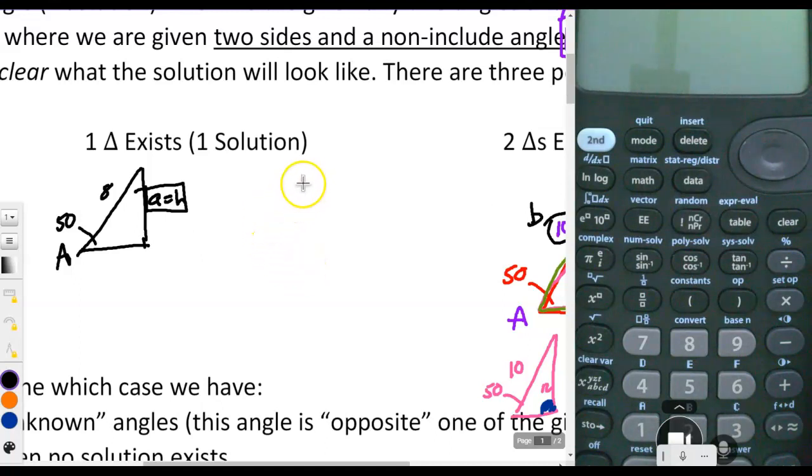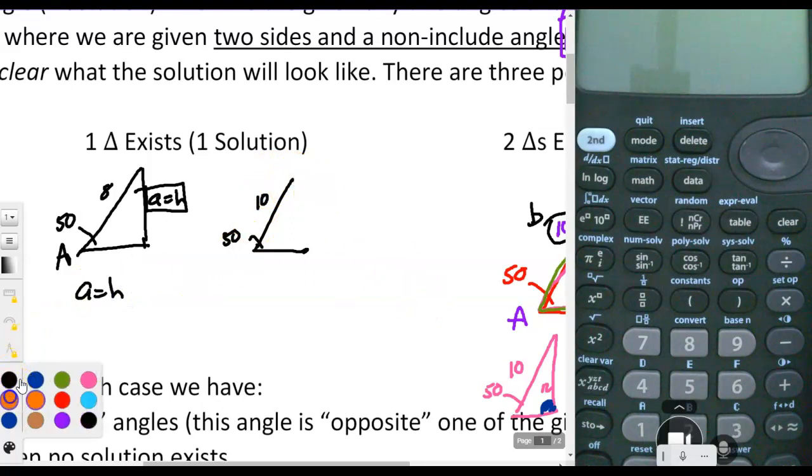And the other one is, back to 50, and let's say this is 10 again. The other one is if the A value is just bigger than this B value. So if A is bigger than B, so it's longer than this, then you get one solution as well.